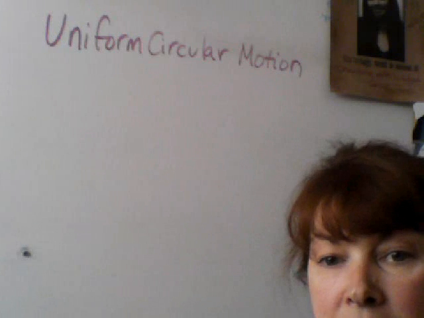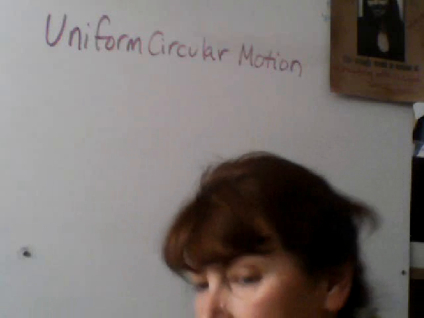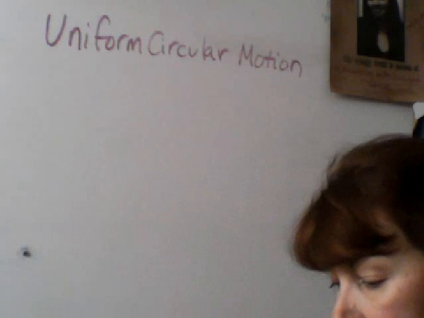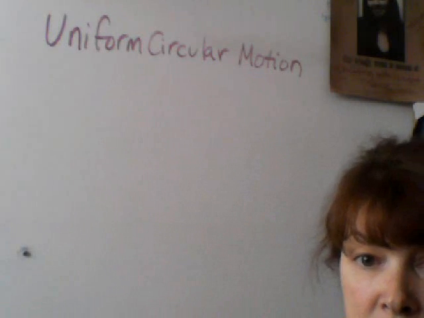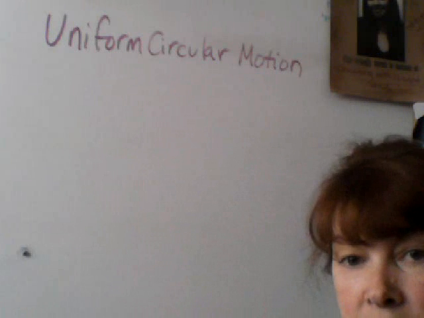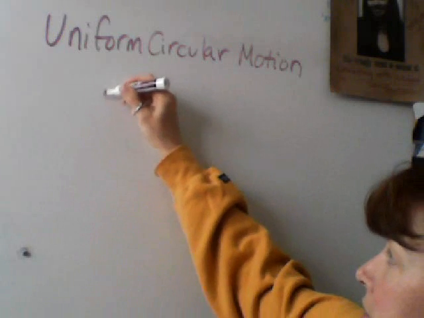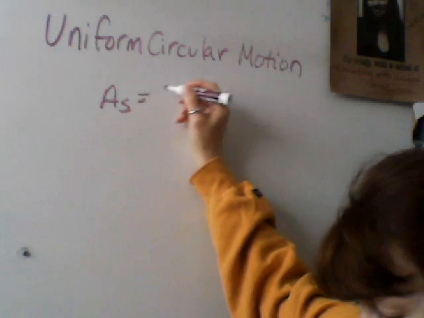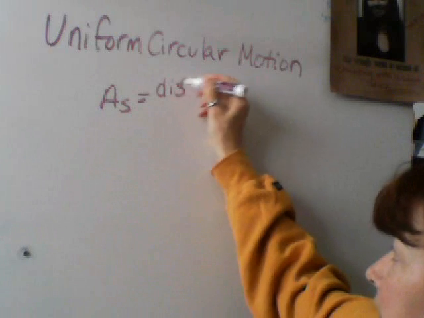So we're talking about uniform circular motion, and that means that an object is in motion in a circle with a constant uniform speed. So we know that the formula for average speed is distance over time.